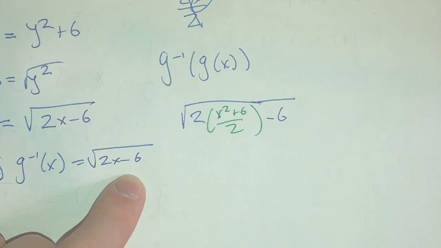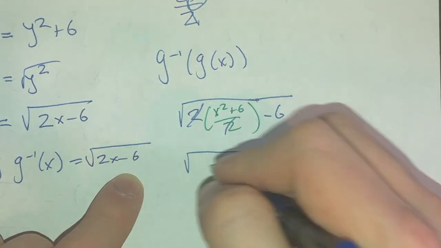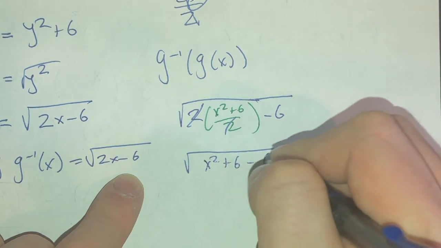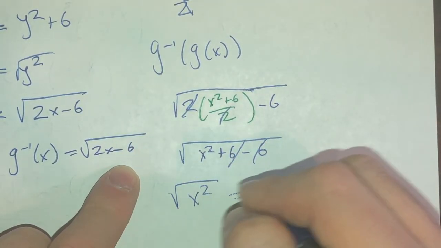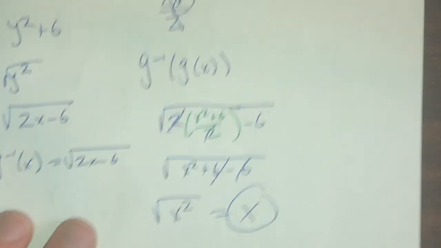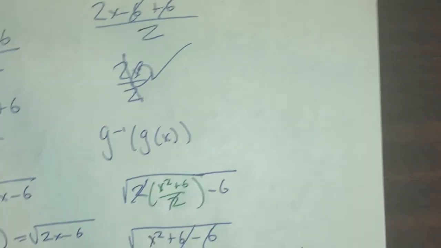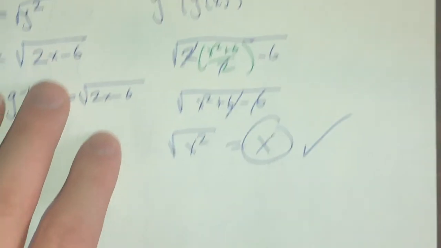All right. And now let's take a look. So first, the 2's cancel. The 6's cancel. The roots cancel, and now I'm back at x. So therefore, they're inverses.